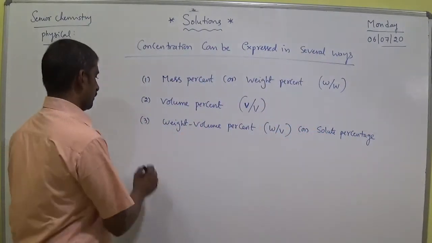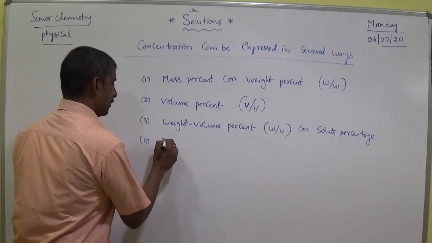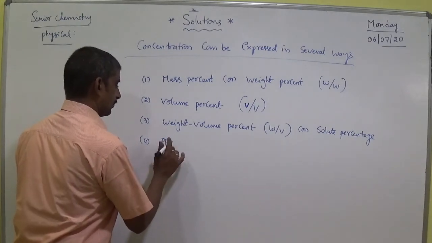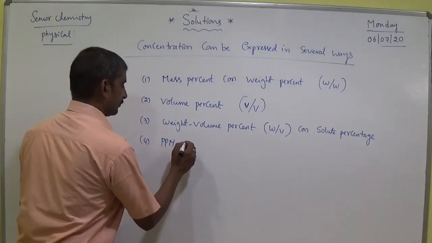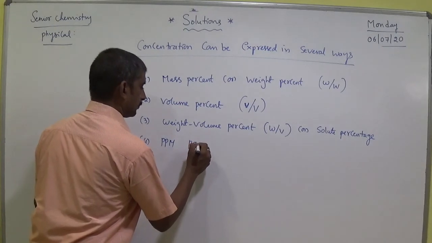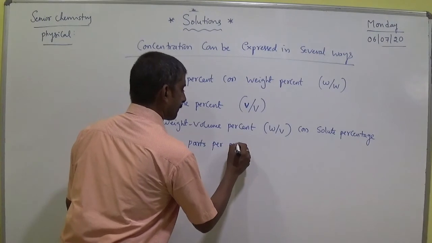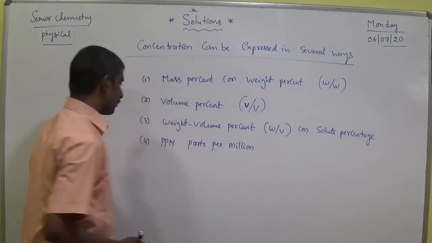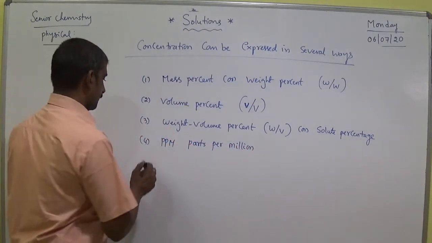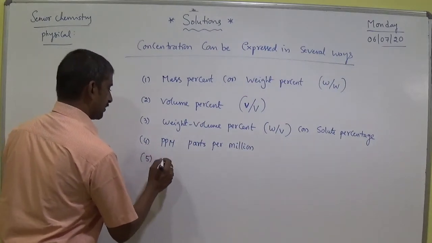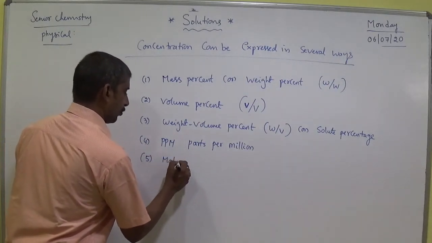Fourth one is ppm, full form parts per million. Fifth one, very important, is molarity.